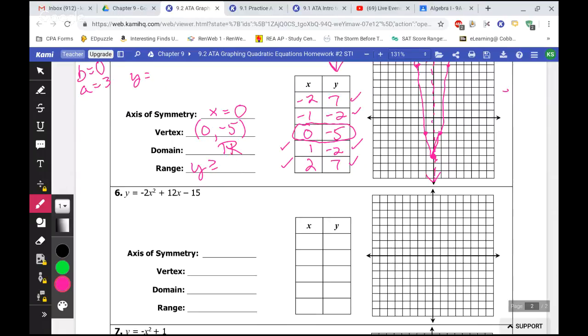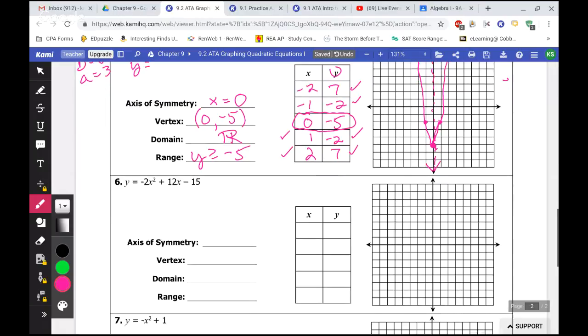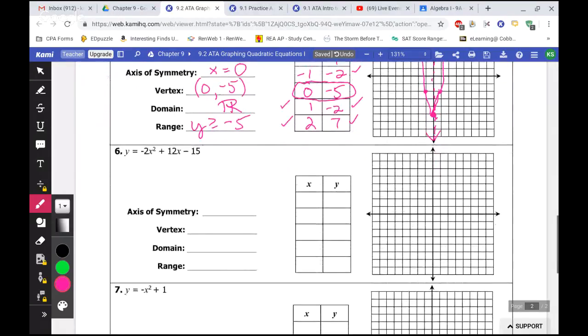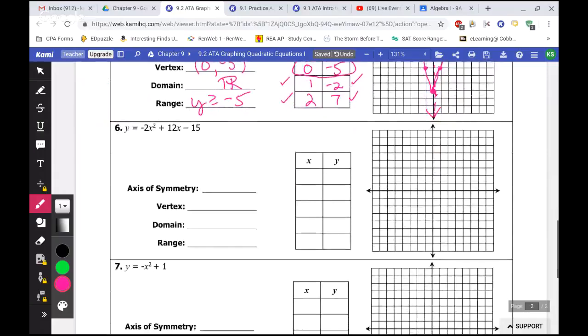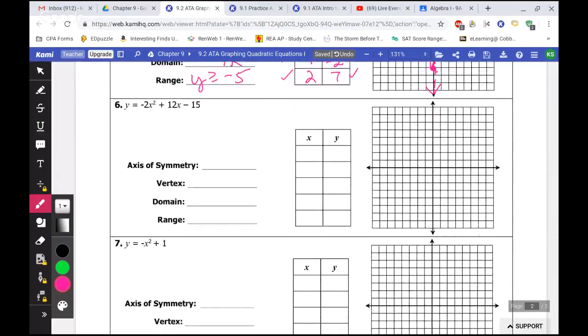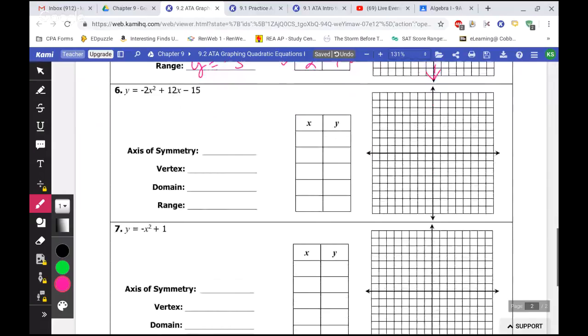What is the Y coordinate of the vertex? -5. Good job. It's the Y. So Y is greater than -5. Is that coming together for you guys at all? The range? Yeah, it makes sense-ish.